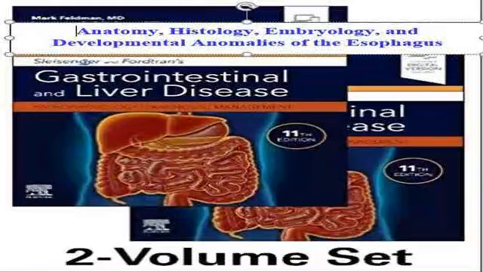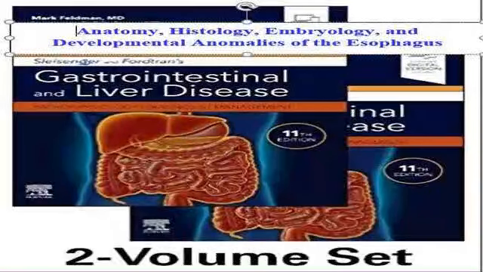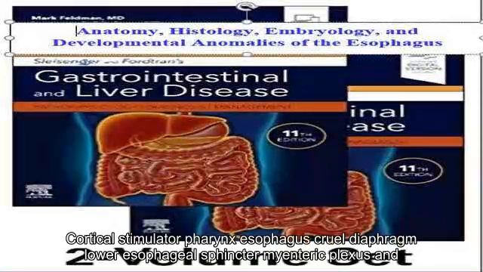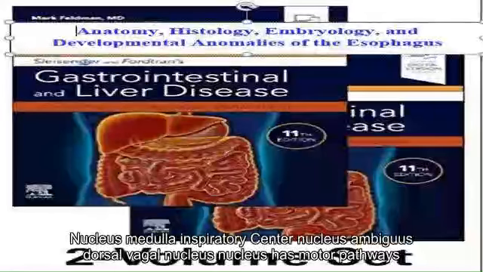Labeled structures include the cortical stimuli, pharynx, esophagus, crural diaphragm, lower esophageal sphincter, myenteric plexus, phrenic nerve, vagus nerve, phrenic nucleus, medulla, inspiratory center, nucleus ambiguus, dorsal vagal nucleus, and nucleus solitarius.